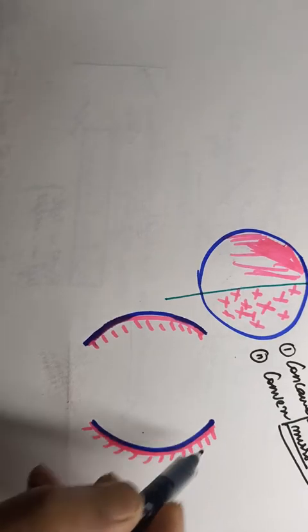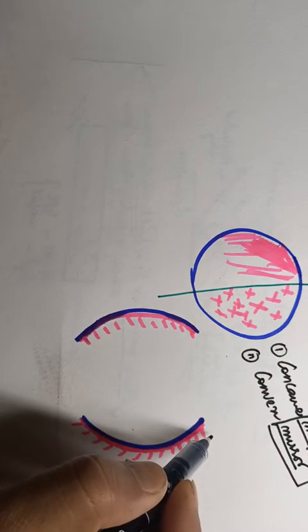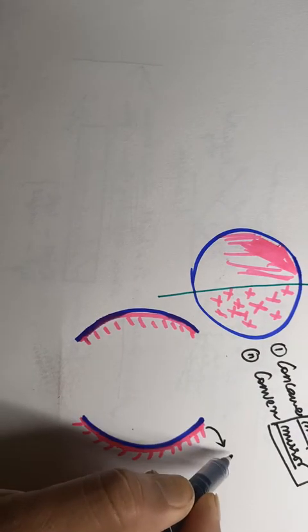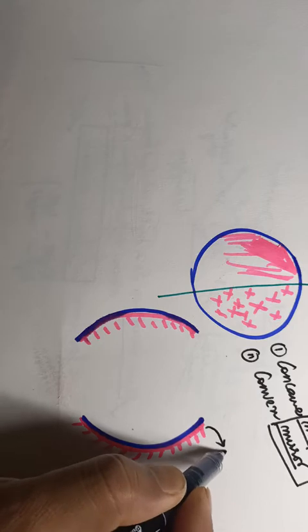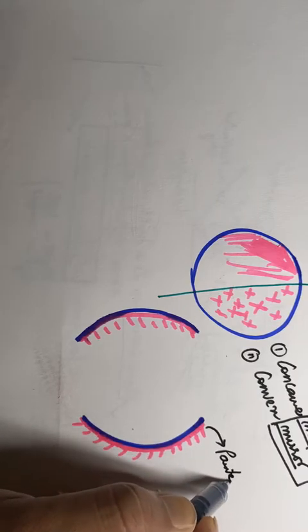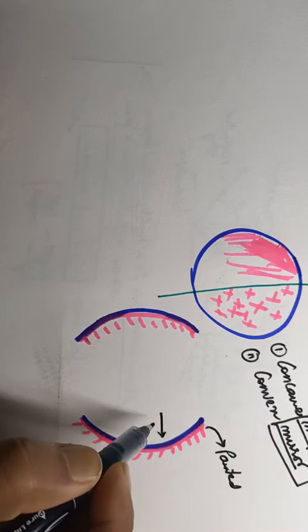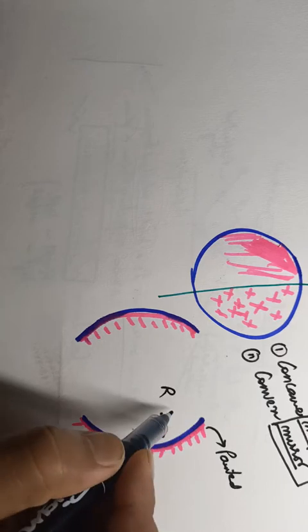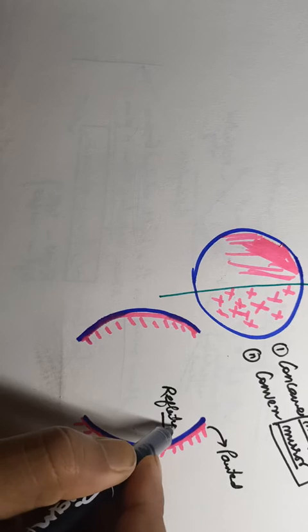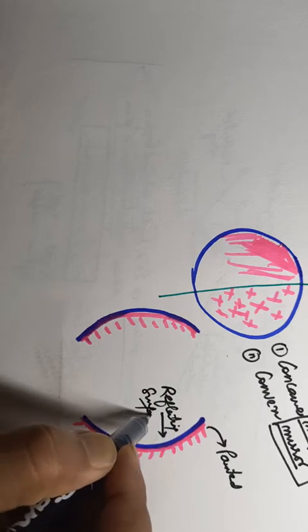Now, over here, what I can tell is this is the painted surface. Okay, this can be the painted surface, one portion of the mirror. Let's say I'll put it for your understanding. This is painted, and this portion, the curved portion inside, this is the reflecting surface.